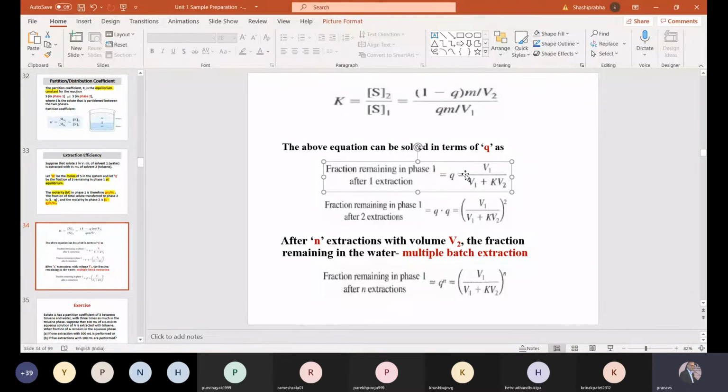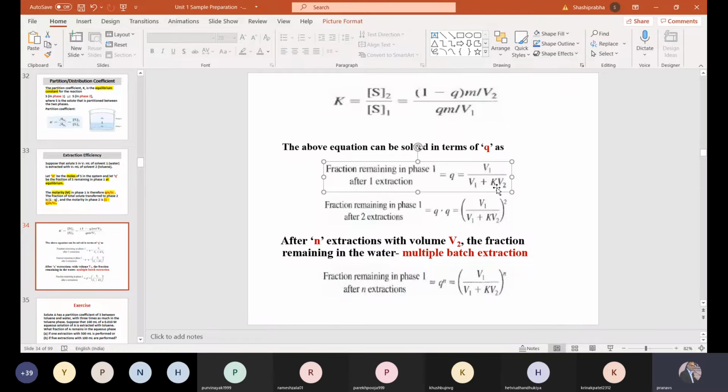What is evident from this expression is that the fraction Q is independent of concentration, but it depends upon the volume of the aqueous phase, the volume of the organic phase, and the partition coefficient K. So the fraction of any substance which remains in the aqueous phase is dependent on the volumes of the two phases and the partition coefficient, but is independent of concentration.